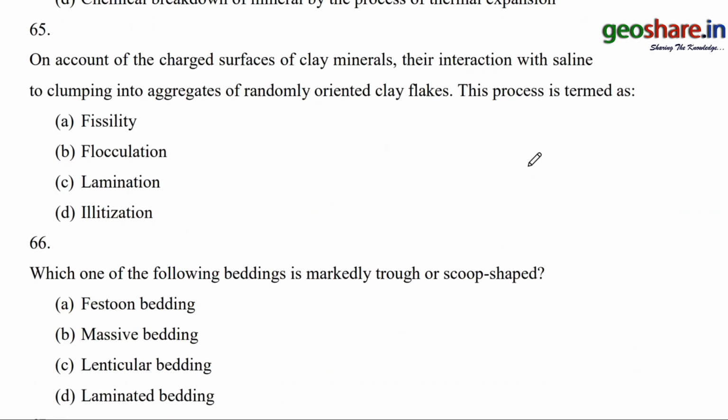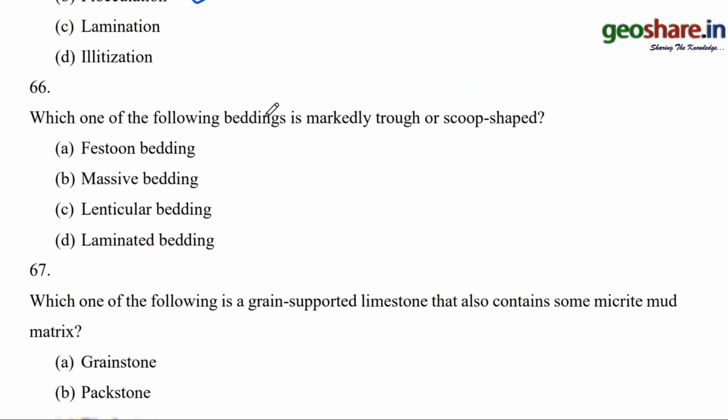On account of the charged surface of clay minerals, their interaction with saline water leads to clumping into aggregates of randomly oriented clay flakes. This process is termed as flocculation.